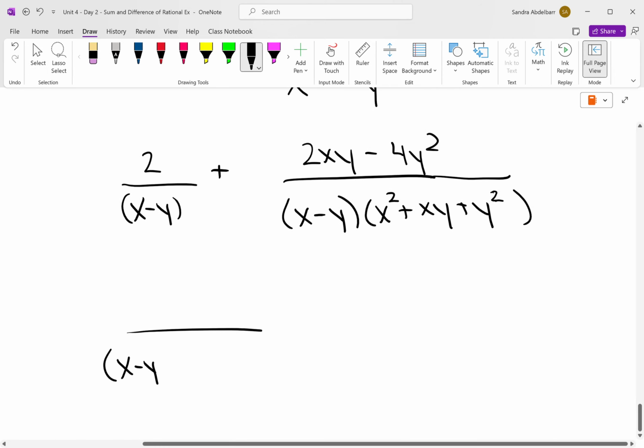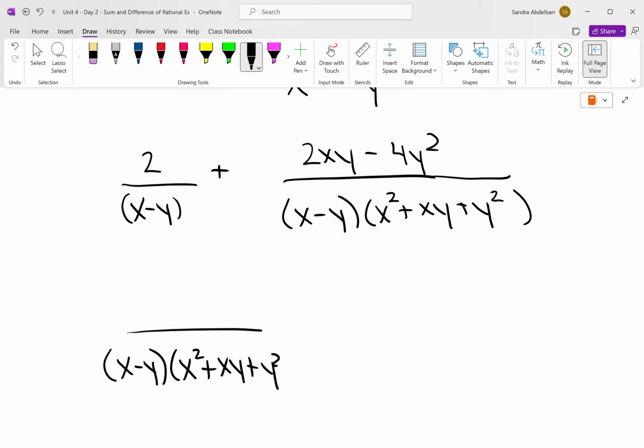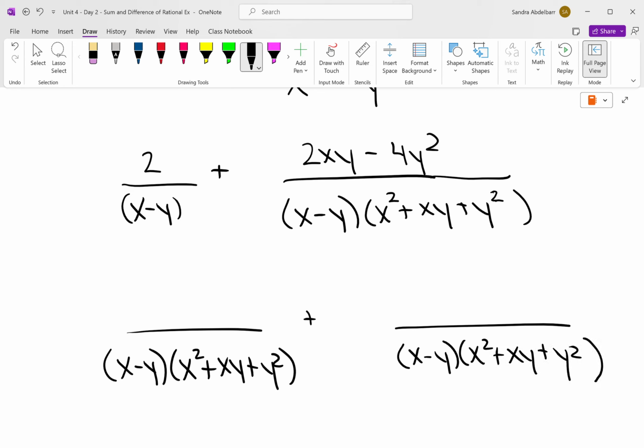Okay, so do we all agree our common denominator will be x minus y times the quantity of x squared plus xy plus y squared? So in the first fraction, we will multiply by the quantity of x squared plus xy plus y squared.